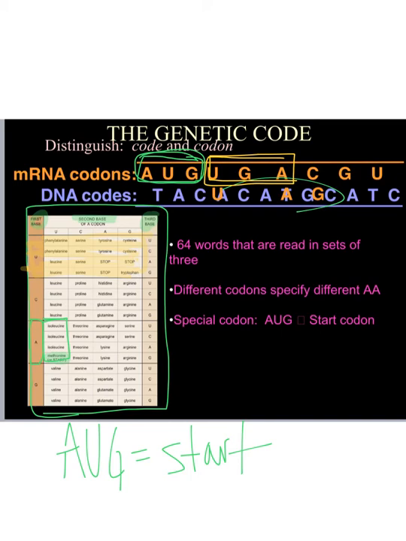G is our second base, so we know we're somewhere in this block for UG, and then our last block is A, UGA. So we come right here, and UGA is one of our stop codons. So there are actually 3 stop codons.